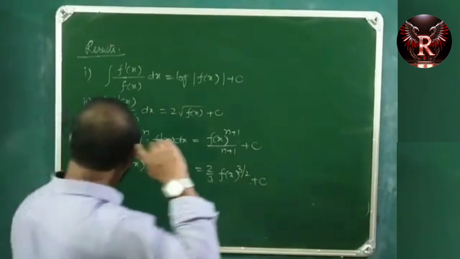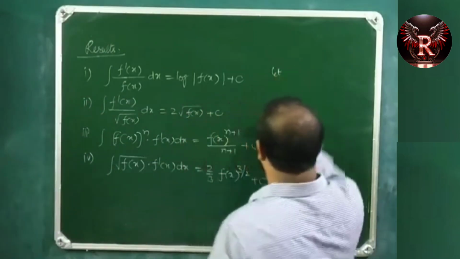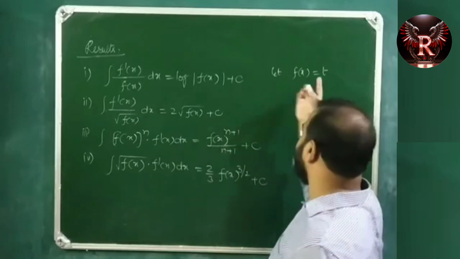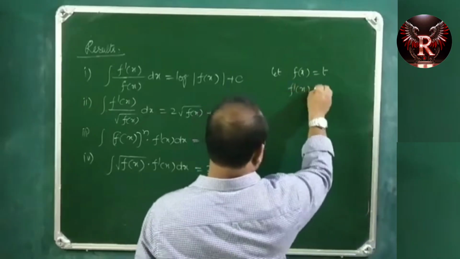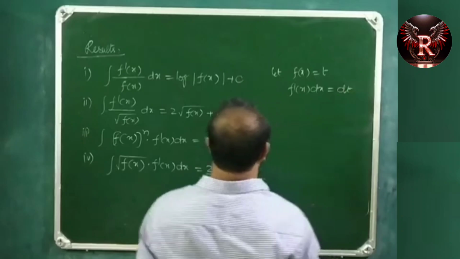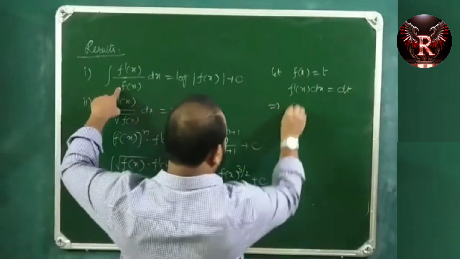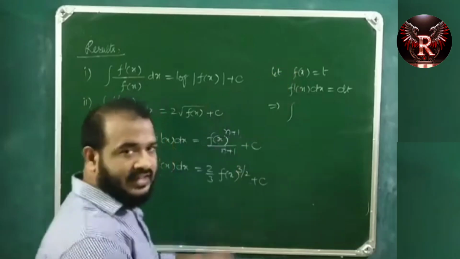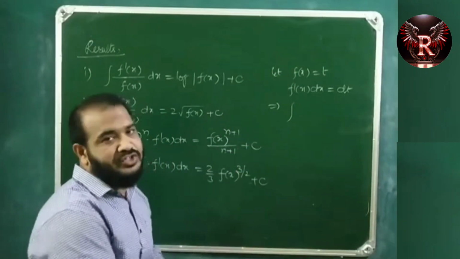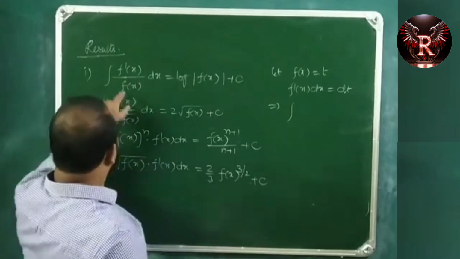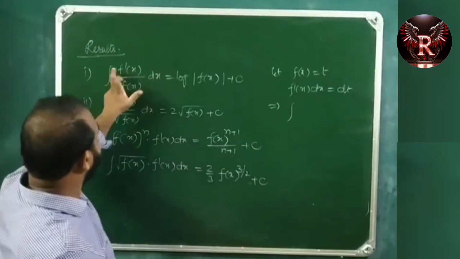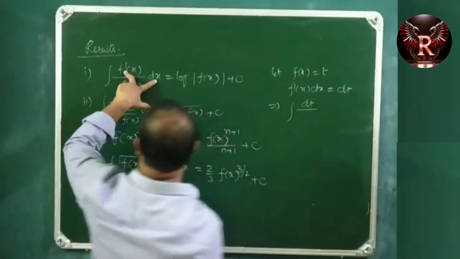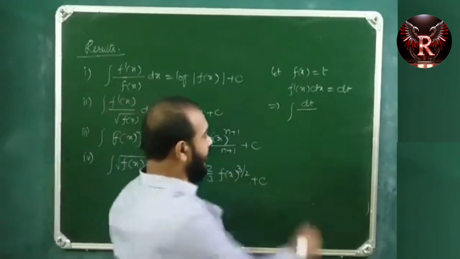And we can even solve this as well. So let f(x) equal t. Now differentiating, we get f'(x) dx equals dt. Now in the given integral, let us substitute. That is why this method is said to be the substitution method. So here f'(x) dx in the numerator becomes dt, by f(x) equals t.